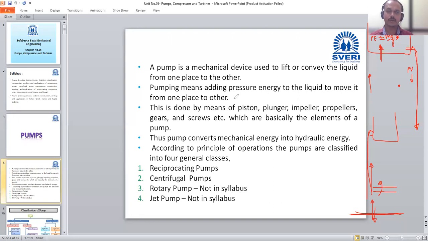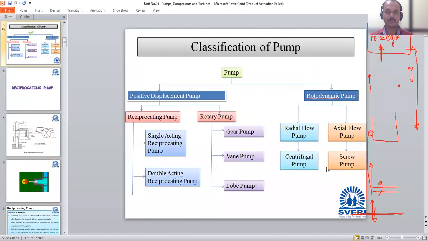Then the pumps are classified like this. In the next slide we have the classification. So this is the classification of pumps. Pumps may be classified into two main types.